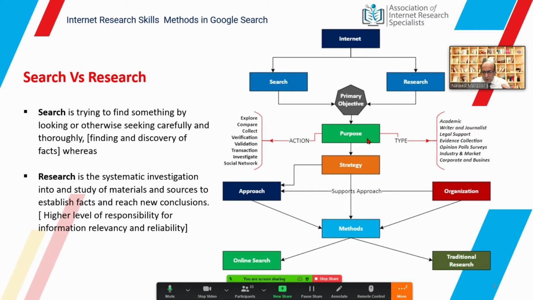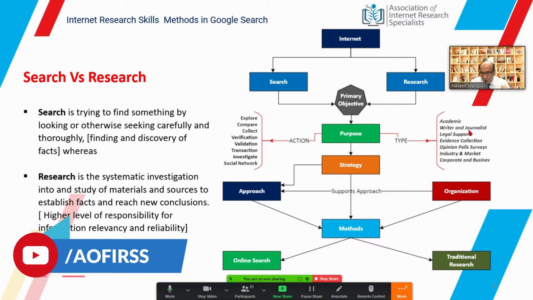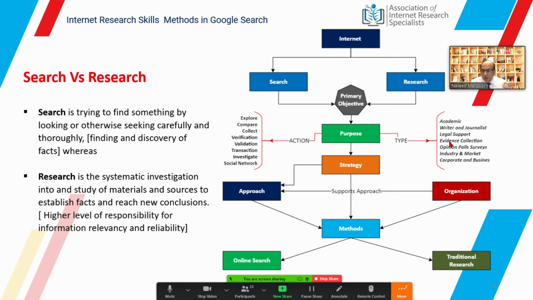So the purpose could be the type of search you're doing. For instance, if it is academic, writers and journalists have different requirements and different types of search that they need to do, and then you've got legal support, evidence collection, and there could be 20 more. So depending on the type of search, you are obviously going to strategize it accordingly.